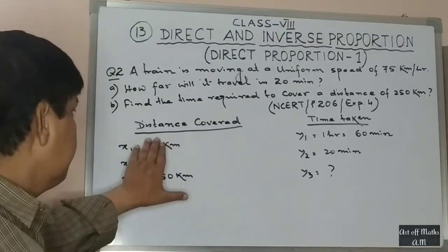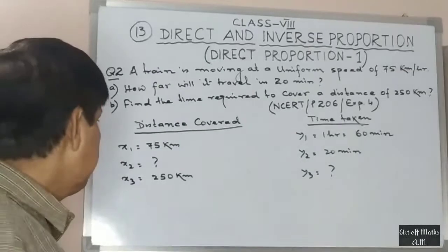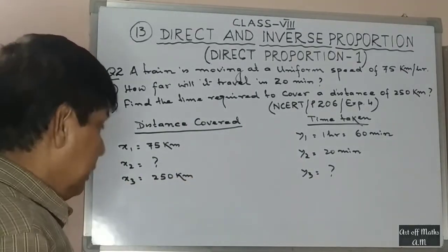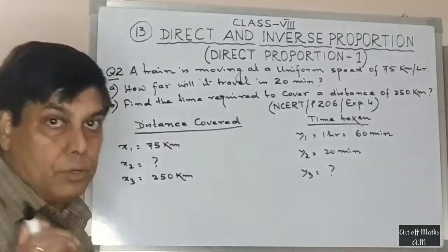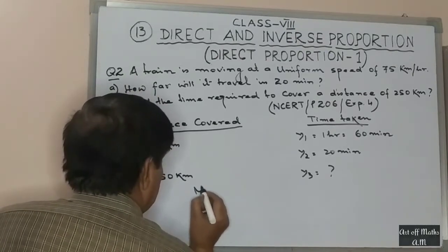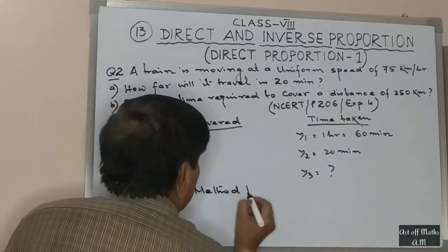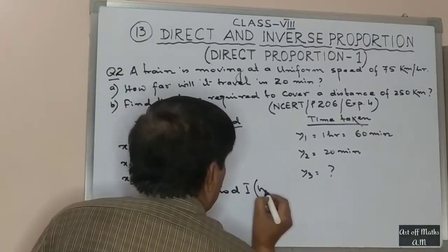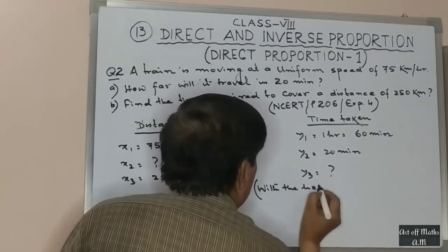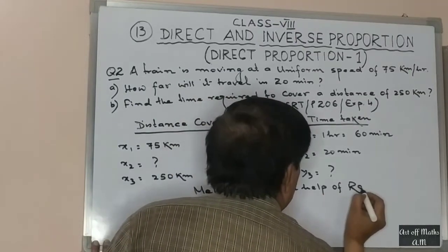So here we have distance covered and time taken as the two quantities. Now we have x1, x2, x3. Now I will apply the formula. Which formula? Method 1, with the help of ratio.